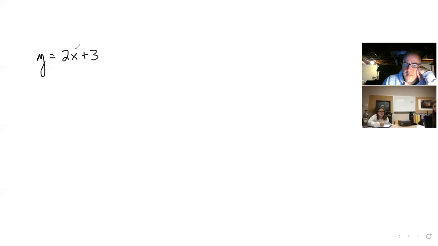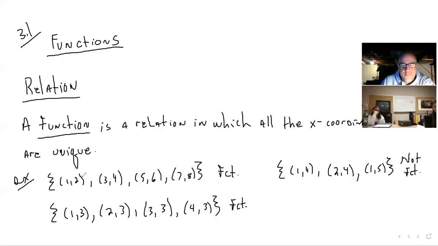then the idea, is this a function or not, is simply this. Is it possible to put a number in for x, multiply by 2 and add 3, and get 2 answers? Because at the end of the day, what makes it not a function? Having 2 ordered pairs with the same x coordinate.